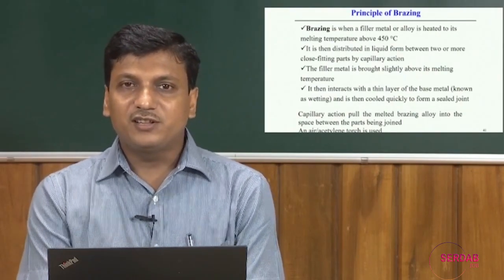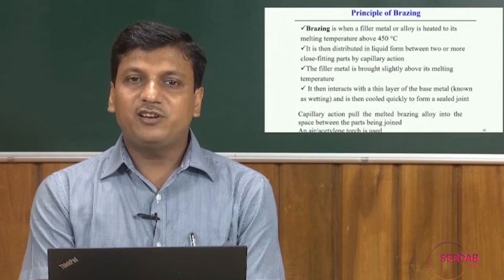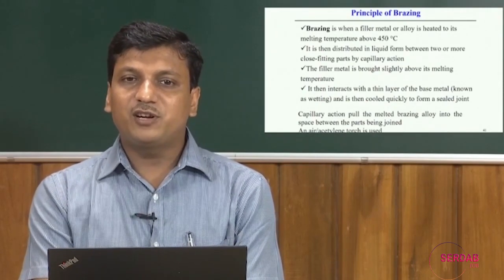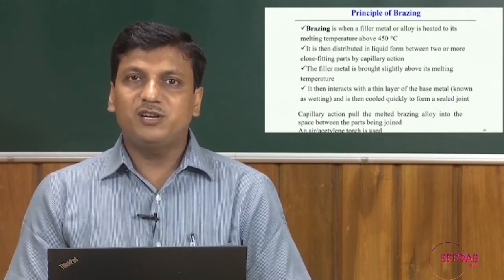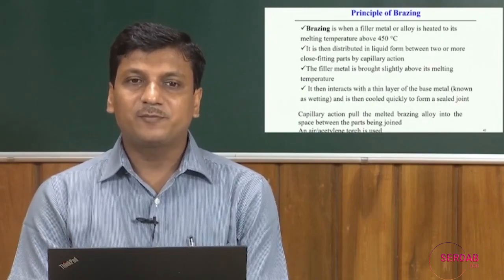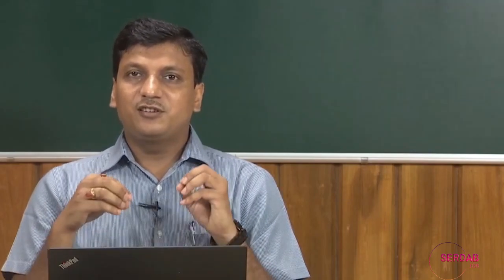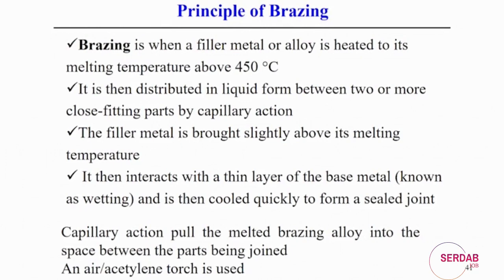So, definitely the main principle is the capillary action of the liquid metal, meaning the brazed alloy that fills the gap between the parts to be joined. In that principle the brazing process works.